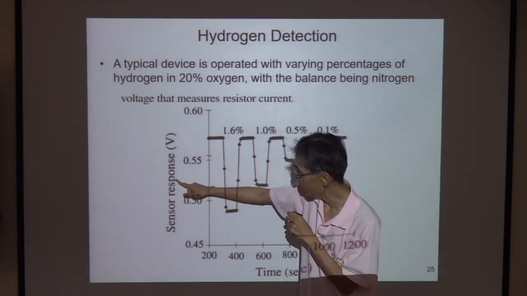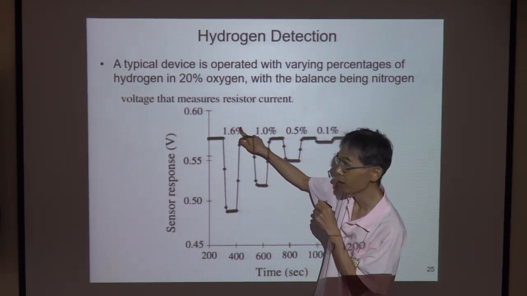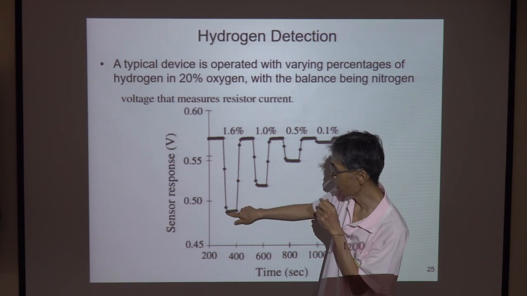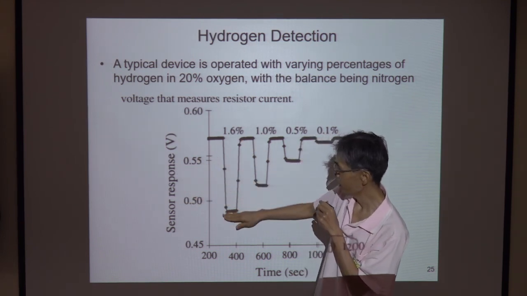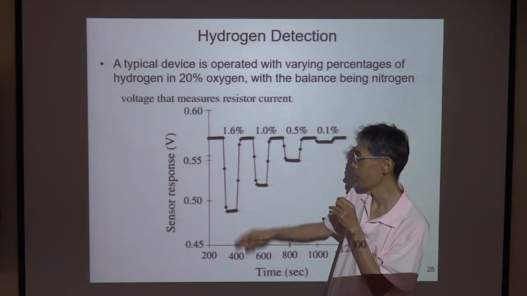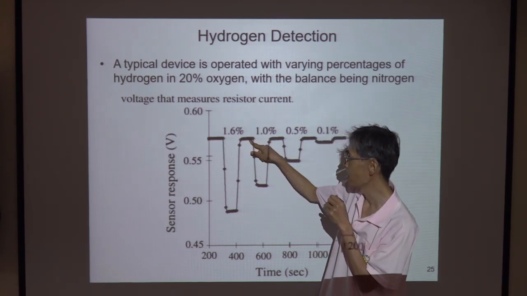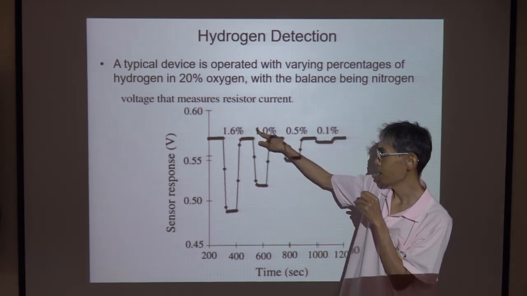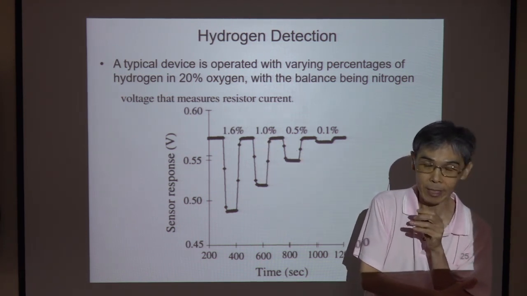This is the sensor response. So this is gas, 1.6% hydrogen. So you have voltage output. Now we close the chamber. Now there's no hydrogen, so the voltage goes back to the ordinary value. Now we let in the 1% hydrogen gas.